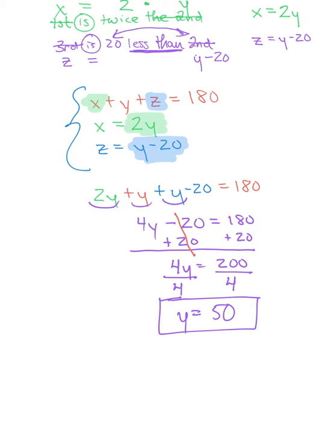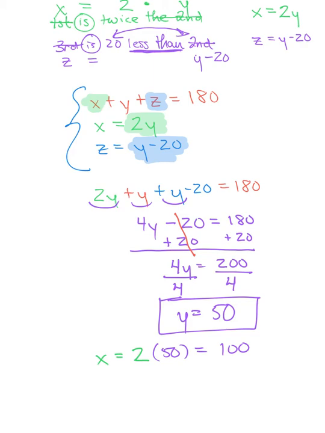In order to find the other angles, what we're going to do is plug it back into each one of these little equations. So for instance, x, I'm going to get x equals 2 times 50, which is equal to 100.